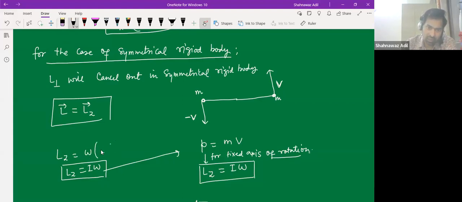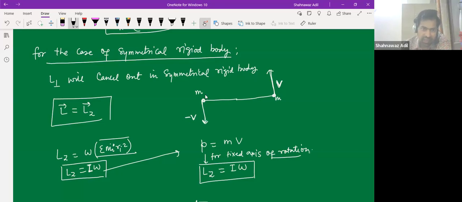And summation of mi ri square, this part is I. Why, in a symmetrical rigid body, L perpendicular will cancel: because you will get some term whose velocity is in this direction, and for some other particle it would be in the opposite direction.